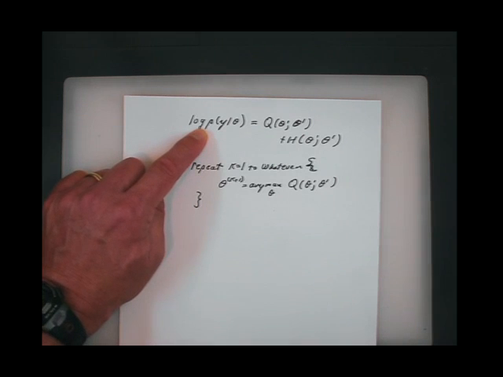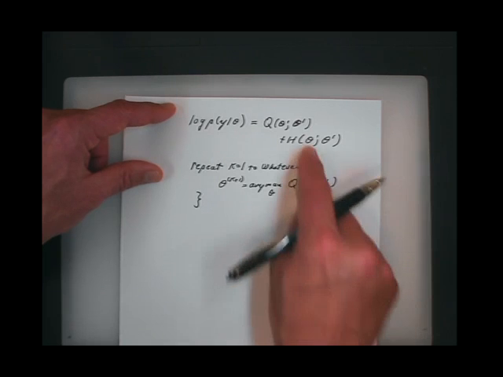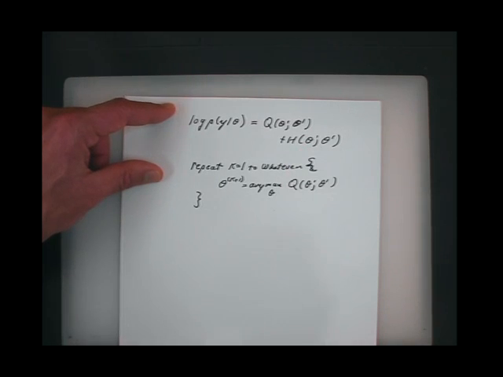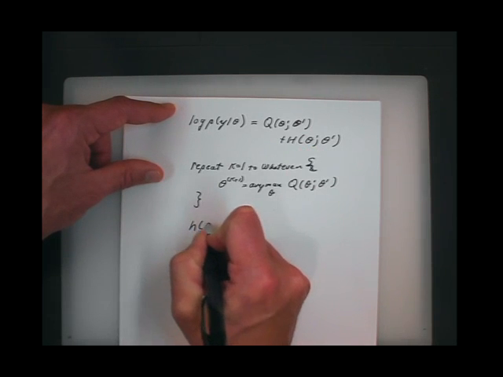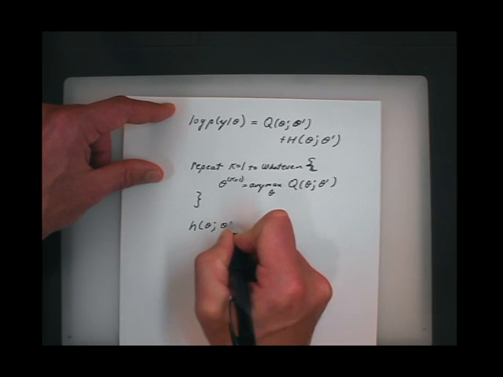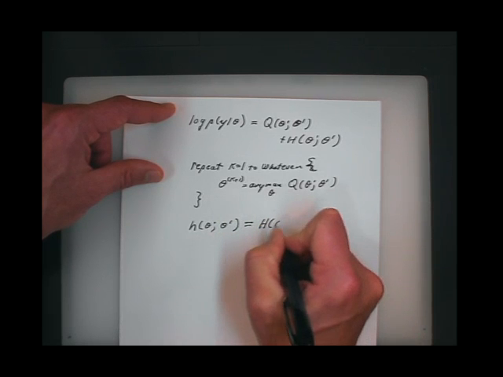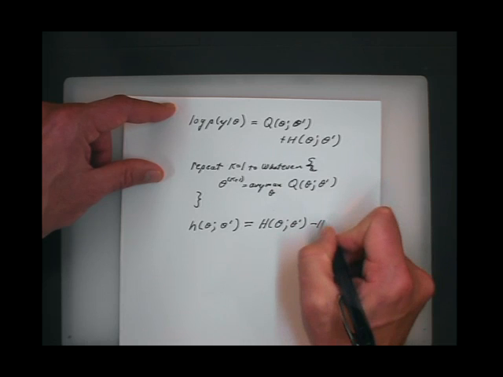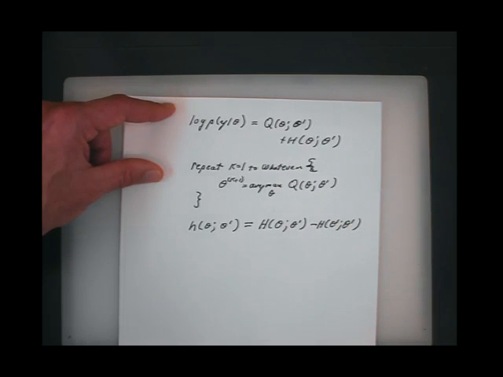That's not exactly true, because what happens is that there's an offset constant, okay? So actually, what you can do here is you can say, well, I'll define little h of theta, theta prime to be equal to big H of theta, theta prime minus H of theta prime, theta prime.